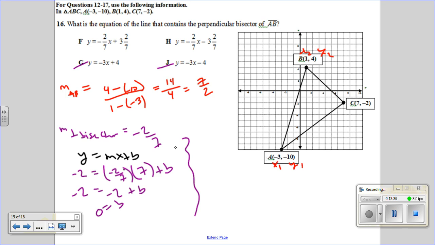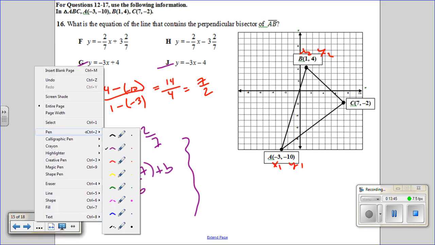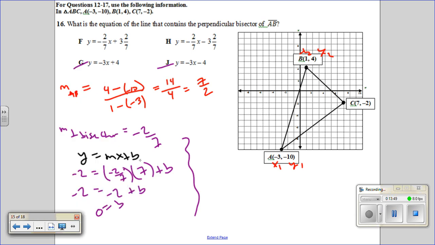And then I wanted the opposite reciprocal of that, so that's negative 2/7. Yeah, everything looks good so far. So there's not only one line that could be a perpendicular bisector, obviously. So let's look at my answer choices and use them.